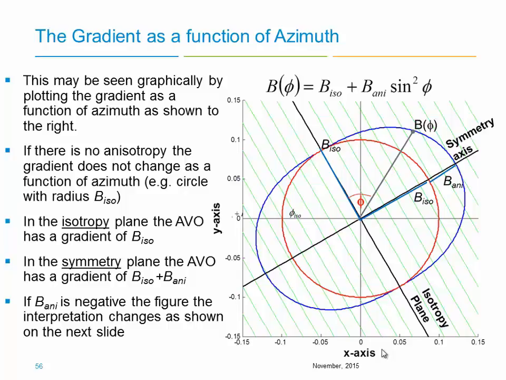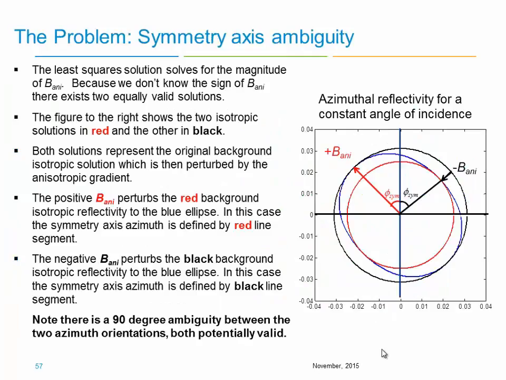So essentially you have an ellipse described by three variables: the isotropic gradient, the sum of these two, and then the orientation of the ellipse. The problem is that the anisotropic gradient can be both positive and negative. We've already looked at the case where it's positive. We move from this red circle to the blue ellipse.